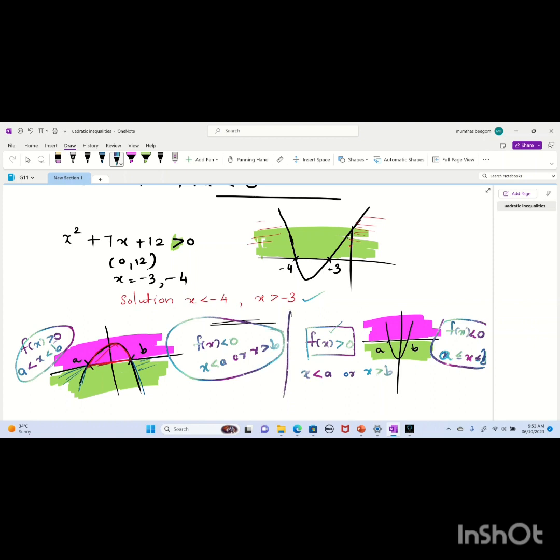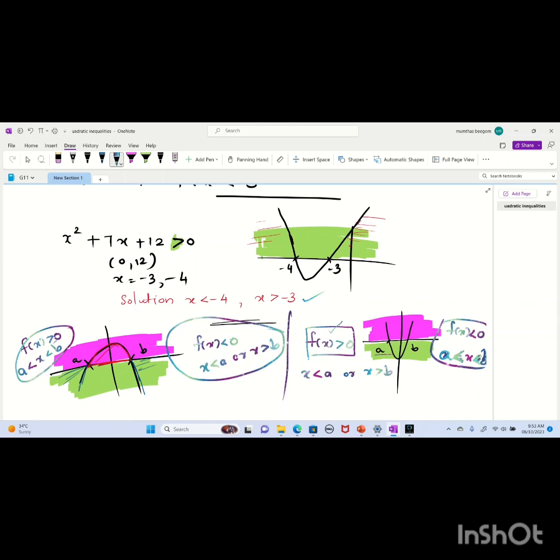Okay. So this way you can remember it in a general way. If the function is of U shape, then f(x) greater than 0 will be x less than A or greater than B. If the function is less than 0, it will be A less than x less than B. And then f(x), same thing, the opposite way, if the curve is N shape.